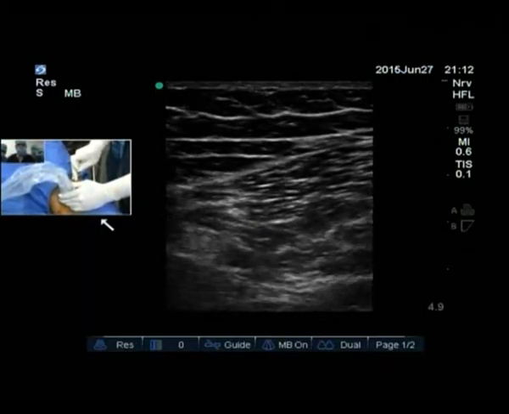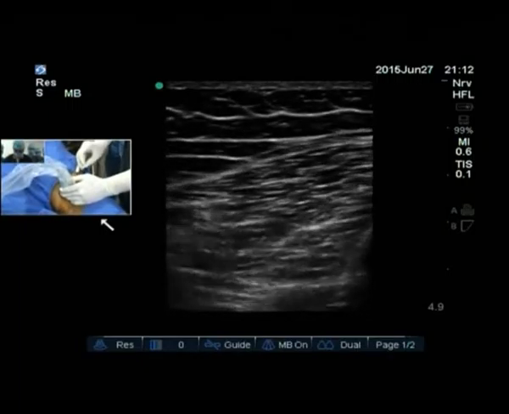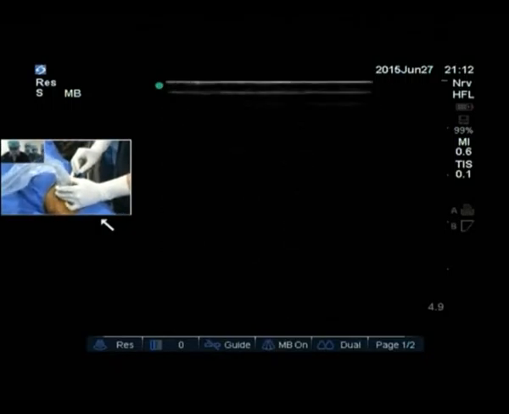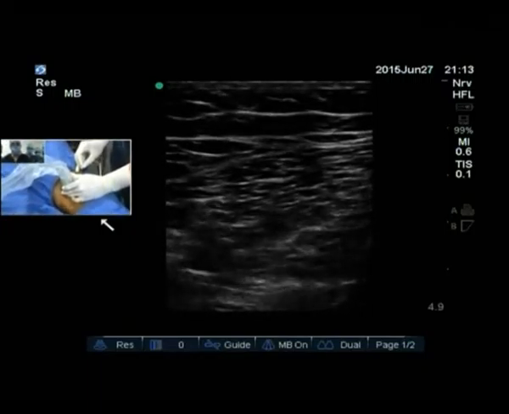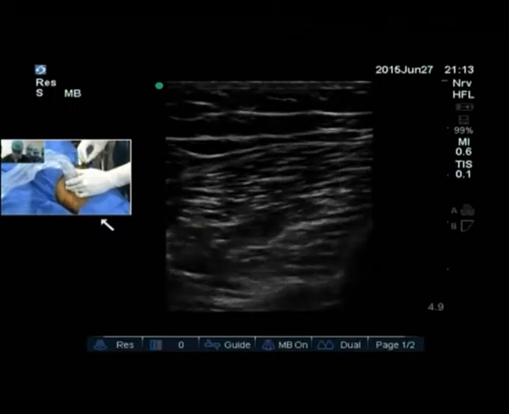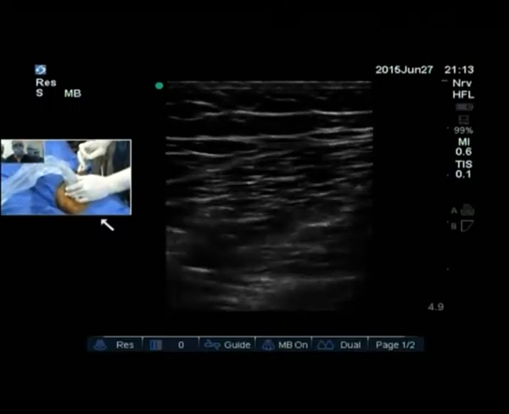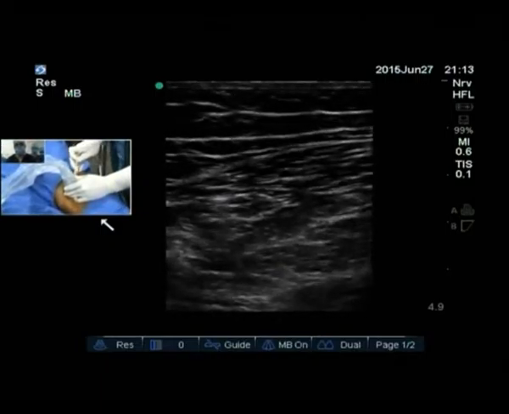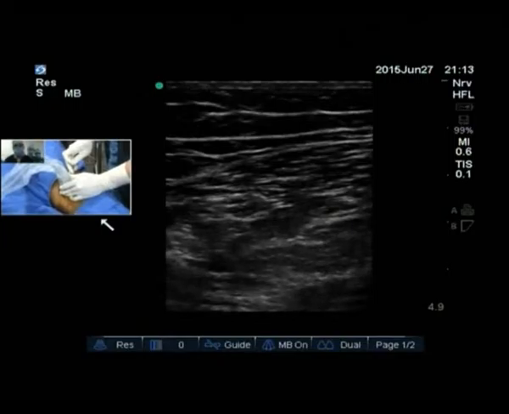You see the tissue movement here. You can only see the tissue displacement actually.